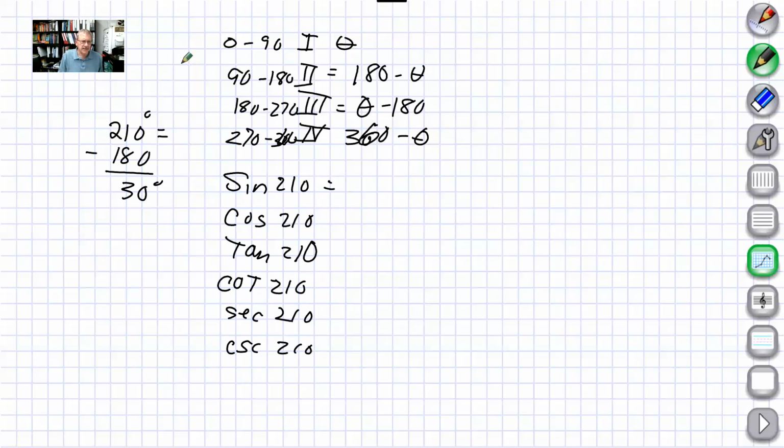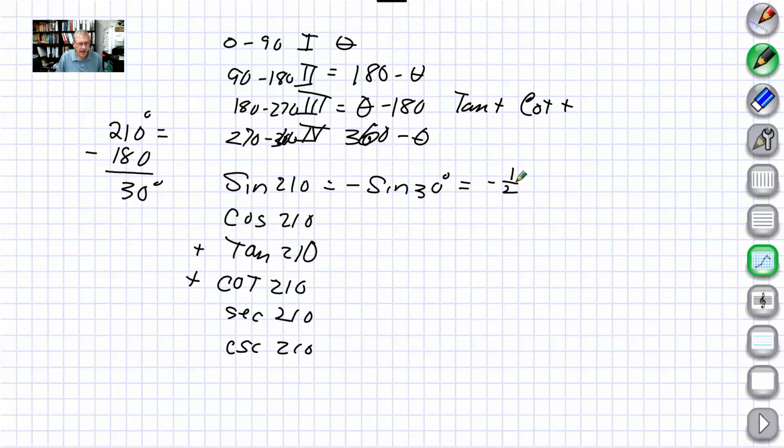But what about in this quadrant? We're in the third quadrant. Only the tangent and the cotangent are going to be positive. Let's put little plus signs. These are going to come out negative. So sine of 210 is going to equal the negative sine of 30. What is the sine of 30? Here's your reference chart. See, that's why I told you to make it. So that should be negative 1/2.